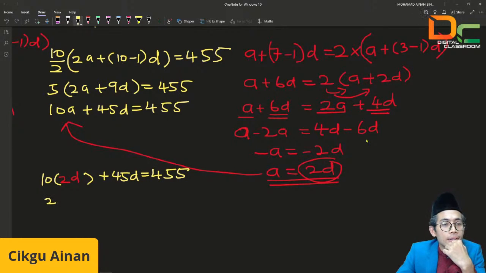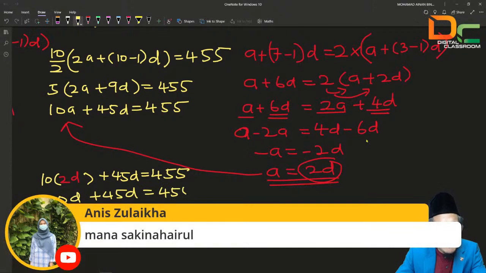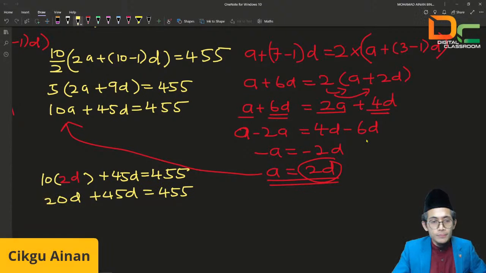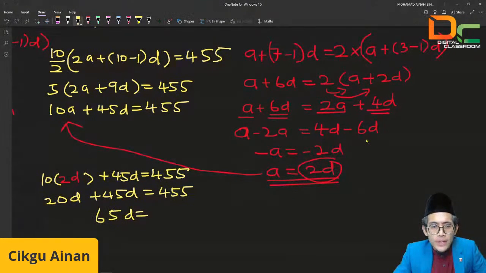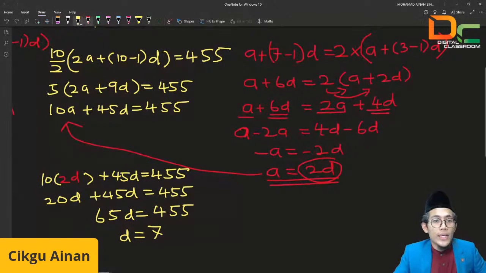So this one is 65d. So 455, and then d is 455 divided by 65. So we get 7. We get the common difference already.